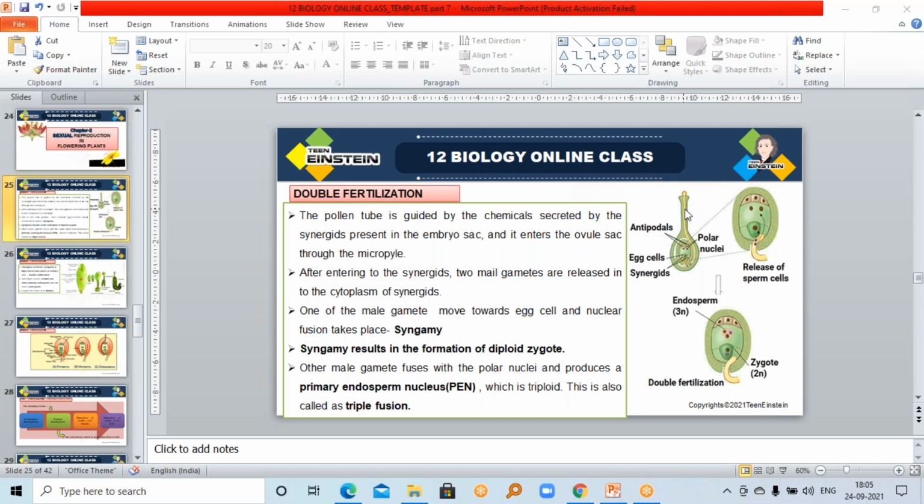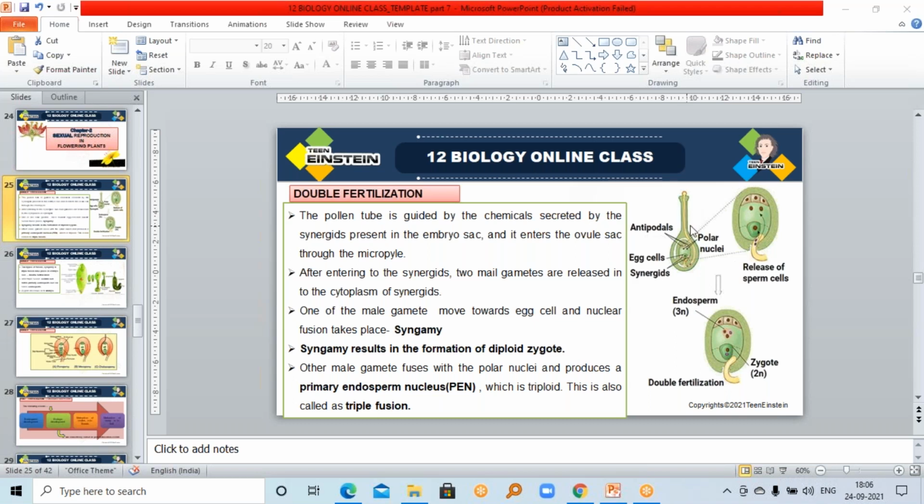As a result of this chemical interaction, the pollen grains may get accepted sometimes, or they may get rejected also. It depends upon the chemistry between the pollen grain and the stigmatic surface. After accepting, a pollen grain will germinate on that stigmatic surface and form a pollen tube.